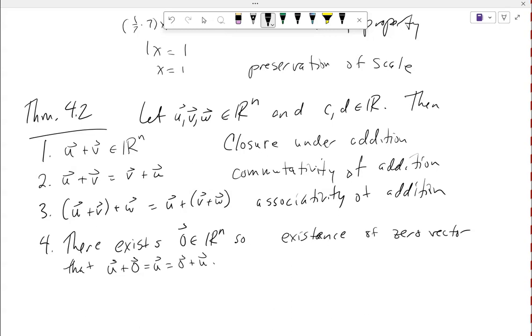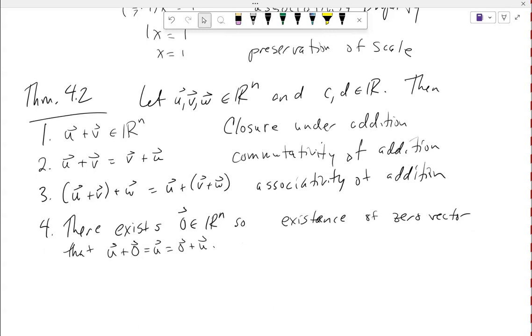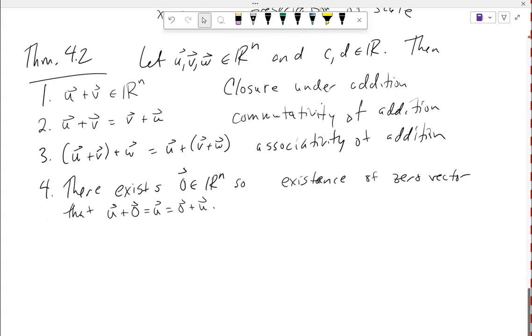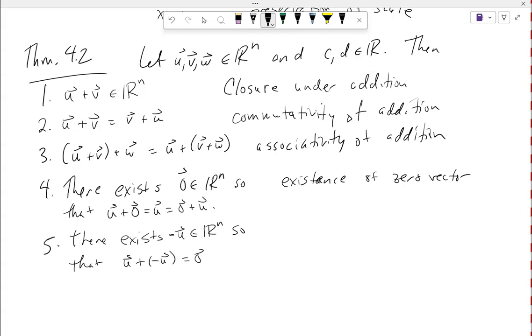All right. Once we have a zero vector, we can do inverses. Let's write it this way. There exists a negative u in Rn so that u plus negative of u is the zero vector.